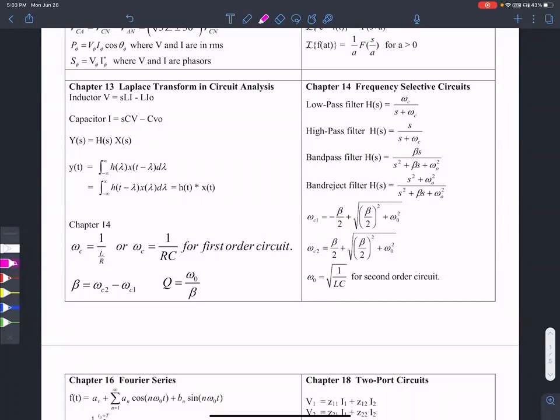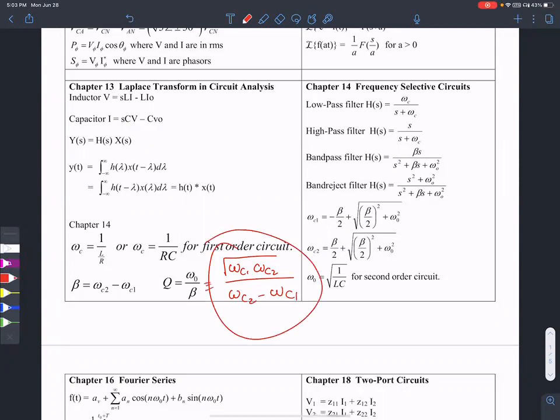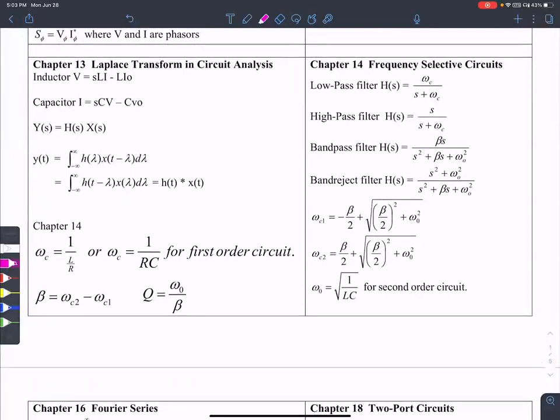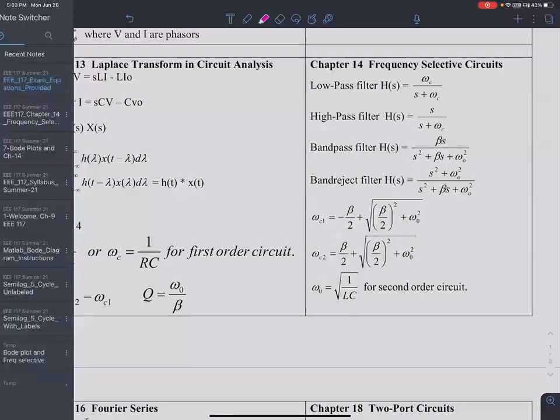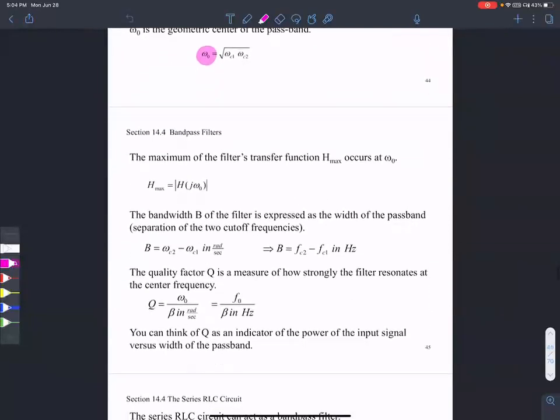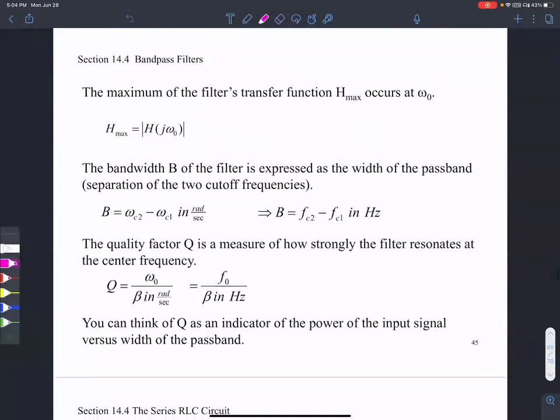Q, the quality factor, is the square root of omega C1 times omega C2, divided by omega C2 minus omega C1. So don't do the analysis if you don't have to. It's a good idea to do it once or twice, just so you understand the arithmetic that underlies these formulas.